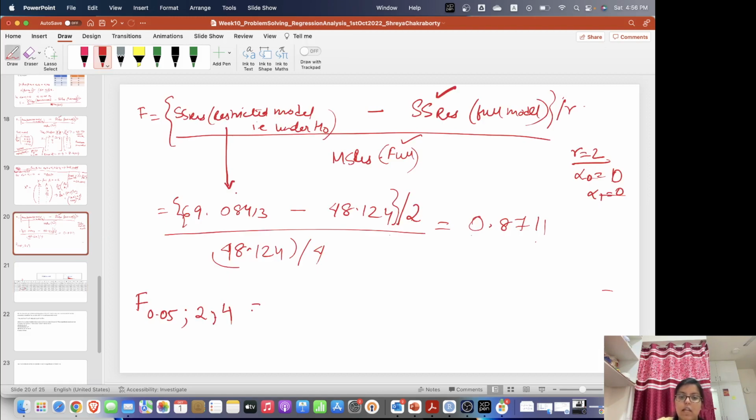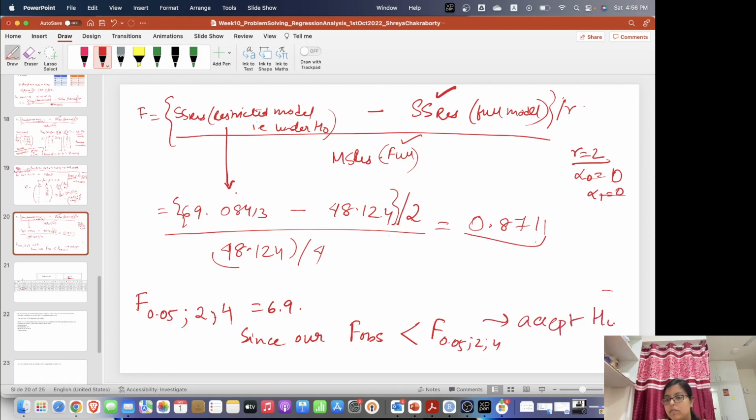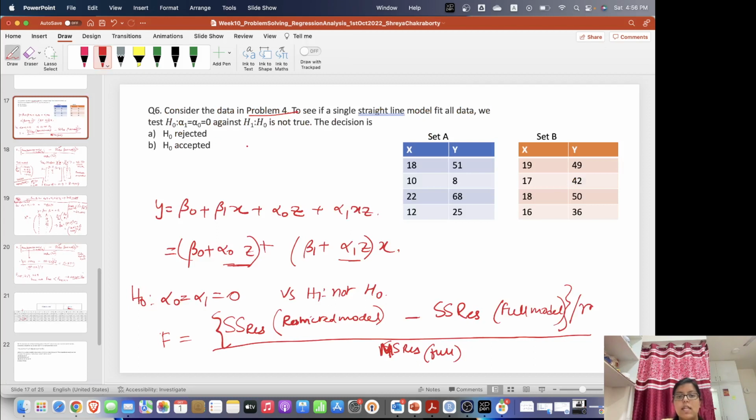So this critical value is 6.9, and since our F observed is less than F critical, we will accept H naught. If it had exceeded, we would have rejected H naught, but since it is less, we accept H naught, that alpha naught equal to alpha 1 equal to 0. So the decision is that H naught is accepted.